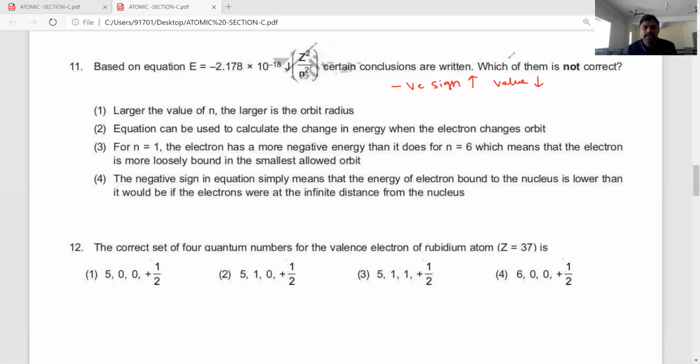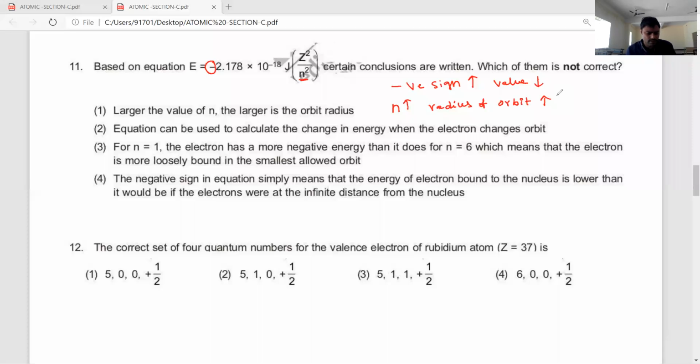Here the energy has a negative sign. If the energy were positive, then as n value increases, the energy would decrease. Here, the larger the n value, the larger the radius of the orbit. It's very clear. As n value increases, the radius of the orbit increases, because what is the radius formula?